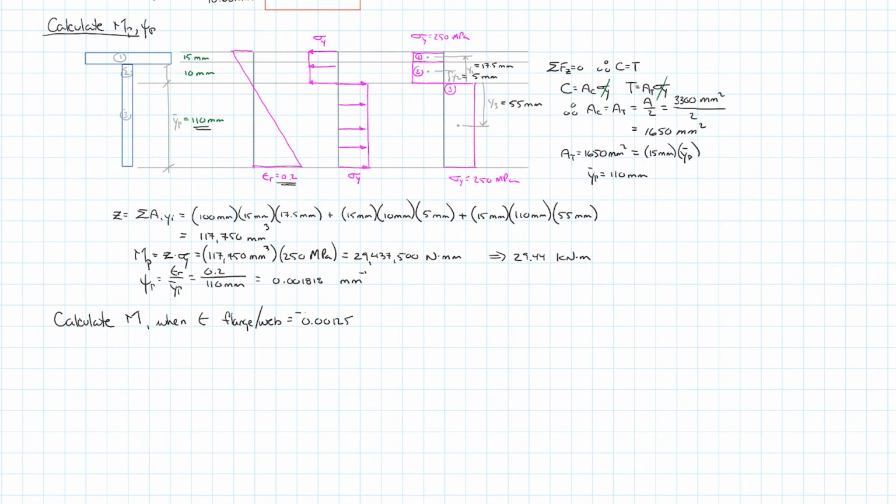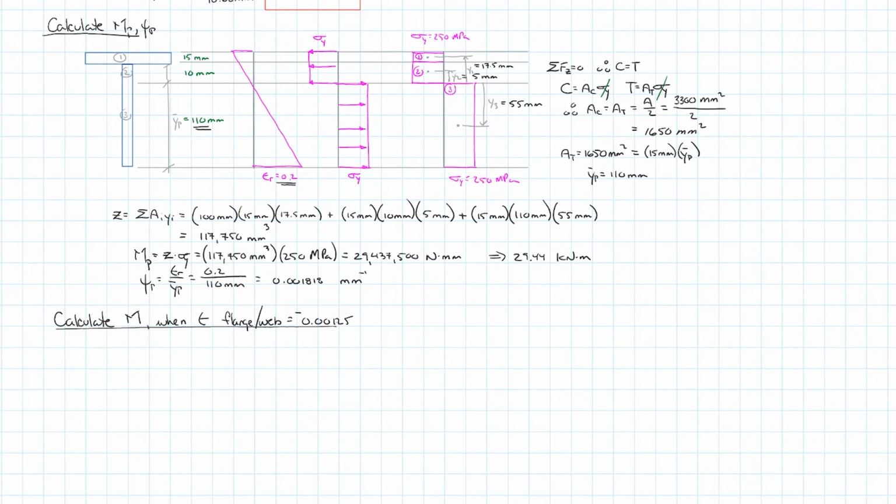So this is useful to us in one way because we know that everything above that, so everything in the flange will be plastic, and a portion of the web will be elastic from the bottom of the flange down to the plastic neutral axis, and then from the plastic neutral axis down, there will be a portion that is elastic and a portion that is plastic.